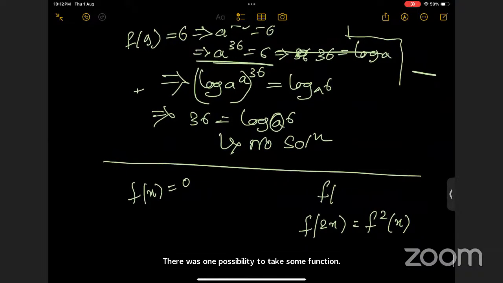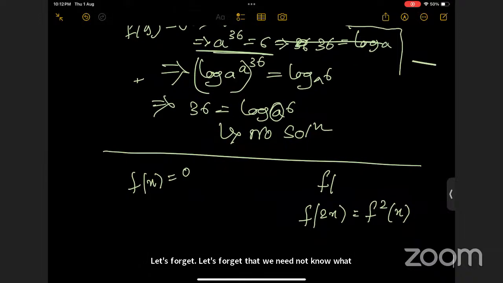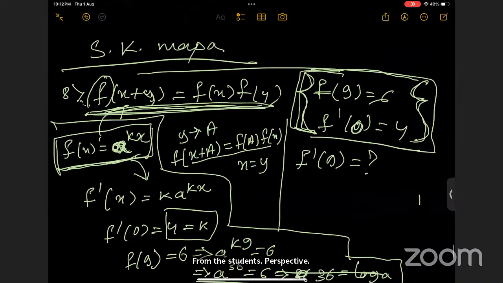Let us see how we approach this problem from the student's perspective. We are imagining a 12th standard student with a little background in calculus attempting to solve this, where they are told f of x plus y is equal to f of x times f of y, and they are given an initial condition, and they are supposed to figure out something.